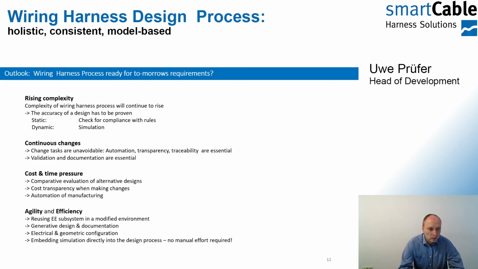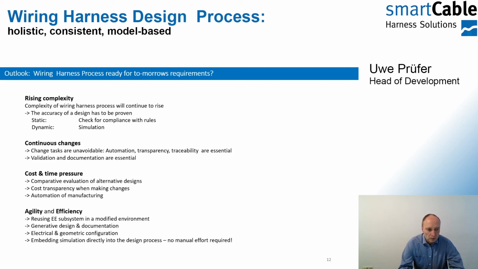Access to the customer's expandable engineering knowledge base is also essential. Cost pressure can only be countered with cost transparency, time pressure with automation. Of course, this applies also and especially to the change process. Replacement of phase-oriented tools is necessary, as phase-oriented tools cannot network.